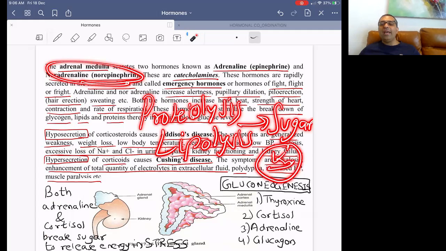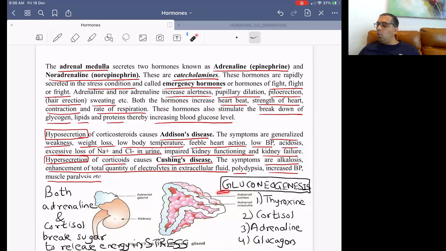So, what is that process called again? Proteolysis, lipolysis into sugar. If you remember, that is again called gluconeogenesis. तो बहुत सारे हॉर्मोन्स ग्लूकोनियोजेनेसिस करते हैं.